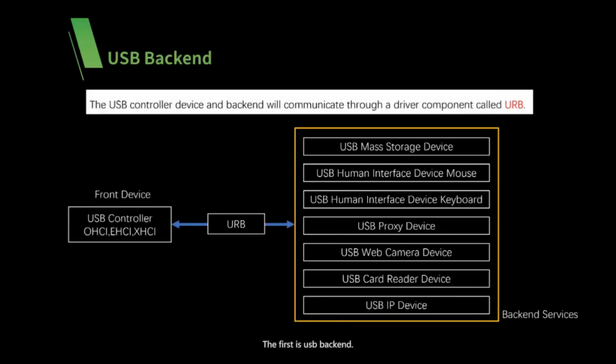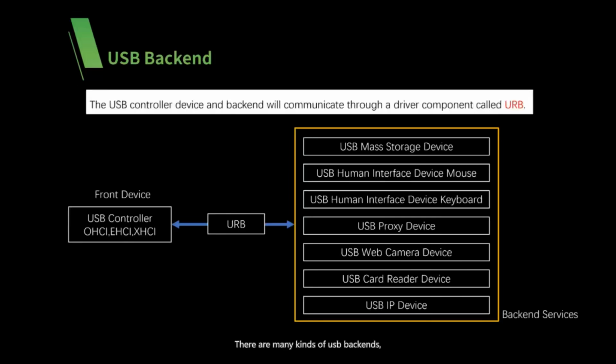The first is the USB backend, and the picture shows the front device of USB is the USB controller, such as OHCI, EHCI, and XHCI. These are standard USB hardware protocols. When the controller receives the USB data packet, it needs to be forwarded to the corresponding USB backend.